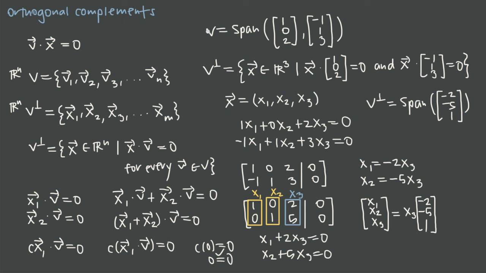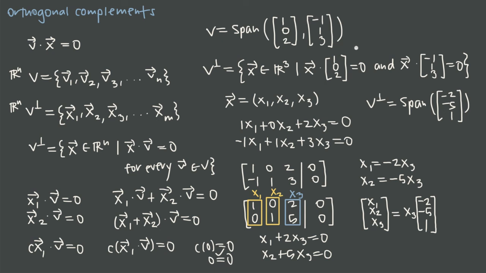So really, the subspace V is a plane in R3. The subspace V perp is given as the span of one single vector, which means it's a line. So the span of this single vector represents a line in three-dimensional space, which is perpendicular or orthogonal to the plane given by the span of these two vectors in R3 space.